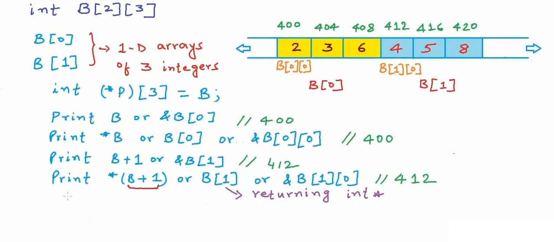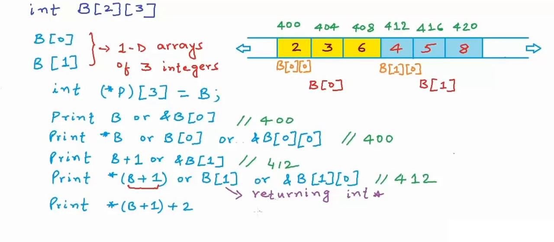Okay, now you need to gear up because I'm going to give you some tough ones to decode. What will be the output if I print asterisk (B plus 1) plus 2? Take some time and think about it. Asterisk (B plus 1), as we saw above, will return an integer pointer to the first integer in B1, to the integer at address 412.